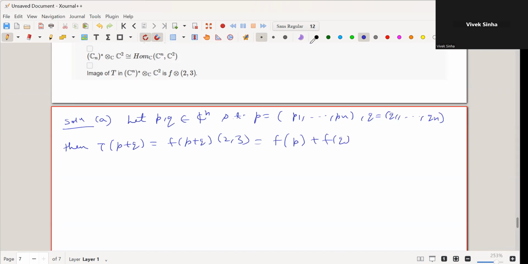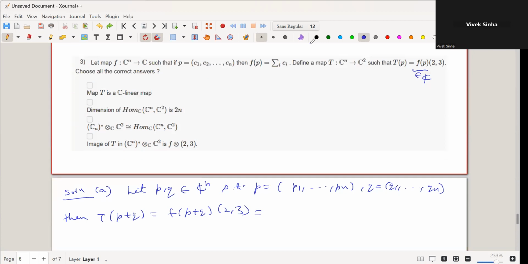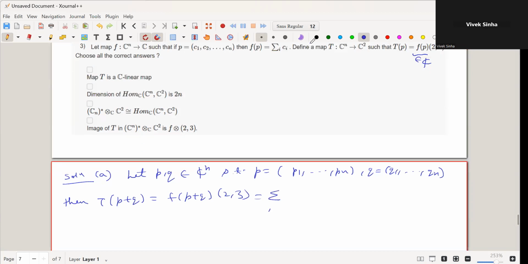Because F(P+Q) is what? It is the summation of the ci's, and the ci's are the coordinates of P+Q, right? So what are the coordinates of P+Q?